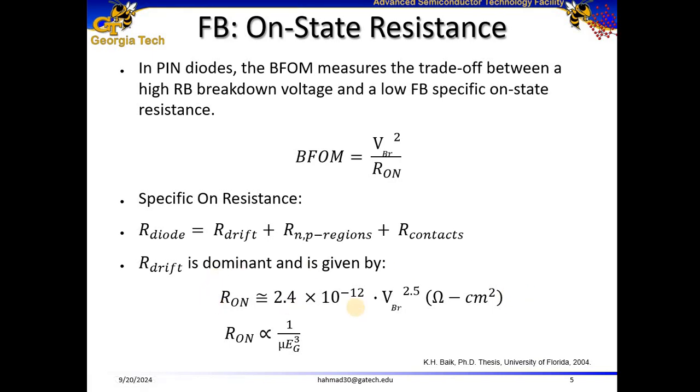So a lower doping concentration increases the depletion width and it increases the breakdown voltage, but it also increases the on resistance, which negatively impacts the device performance in the forward direction.